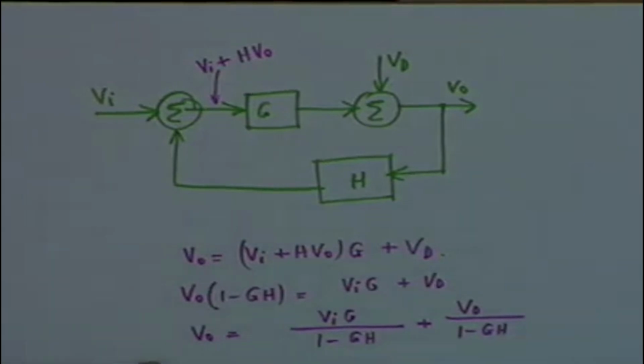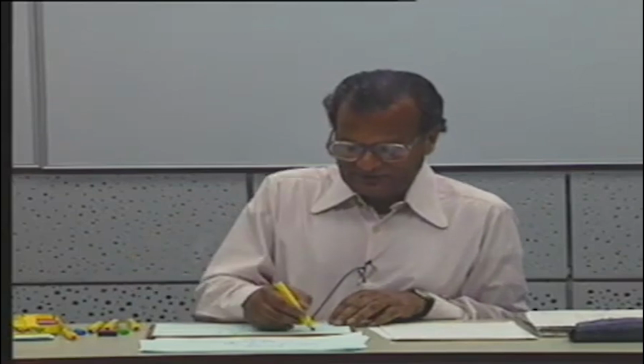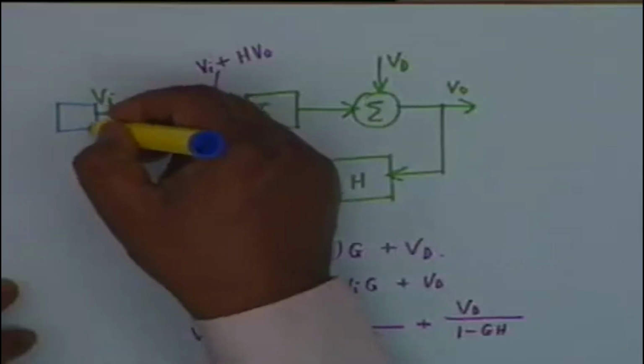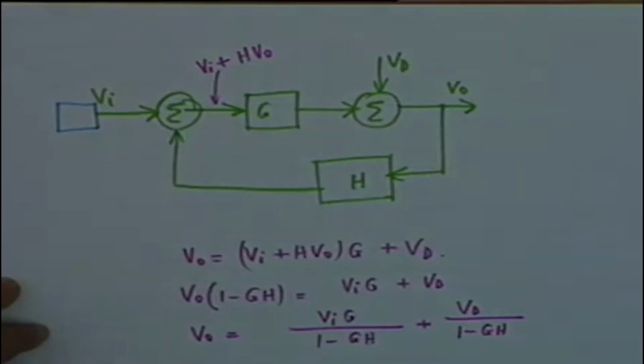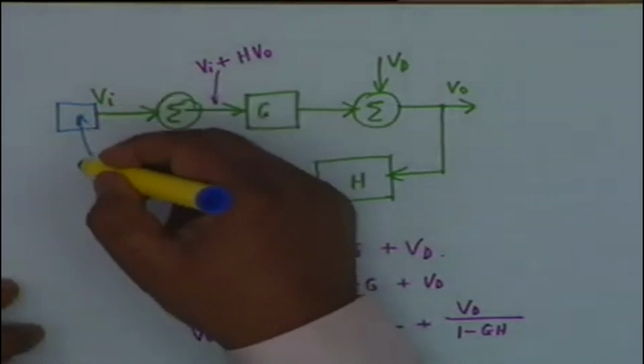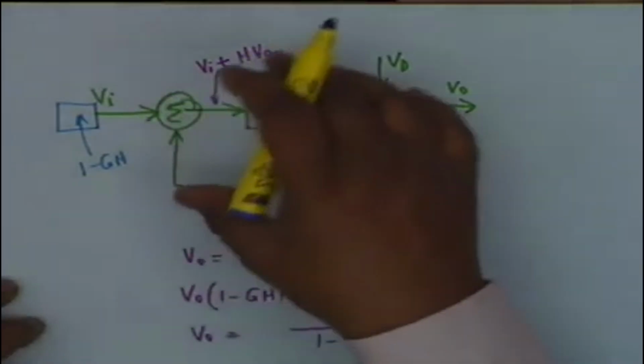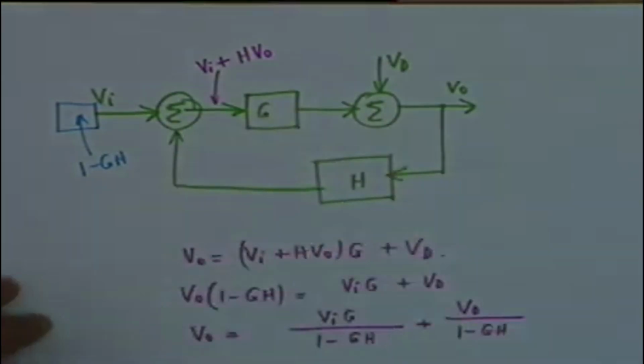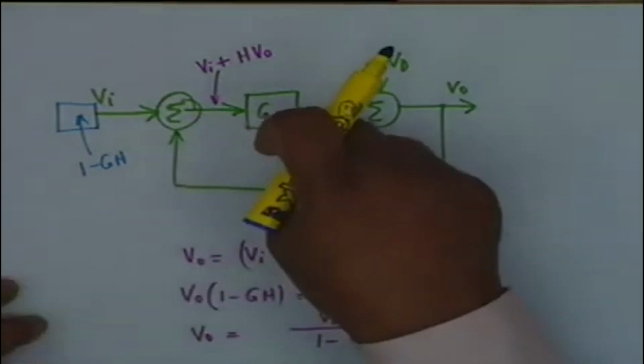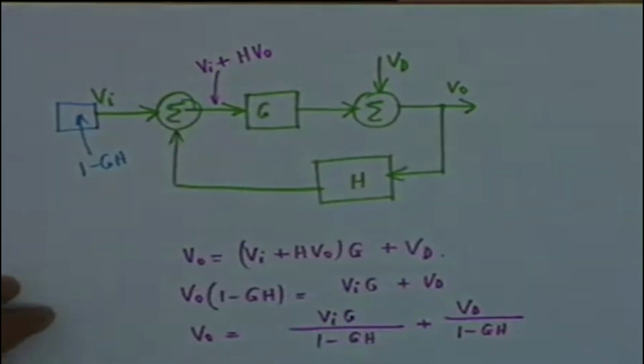All right. Now we play a trick. What we do is we introduce an amplifier here at the input whose gain is 1 minus GH. All right. That is, we produce the amplification, total amplification, in two stages. One is G and one is 1 minus GH.